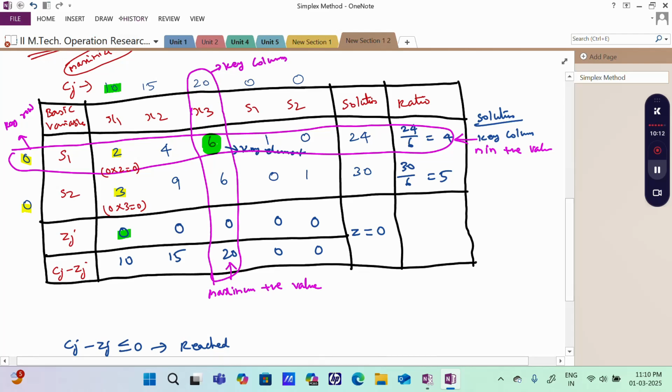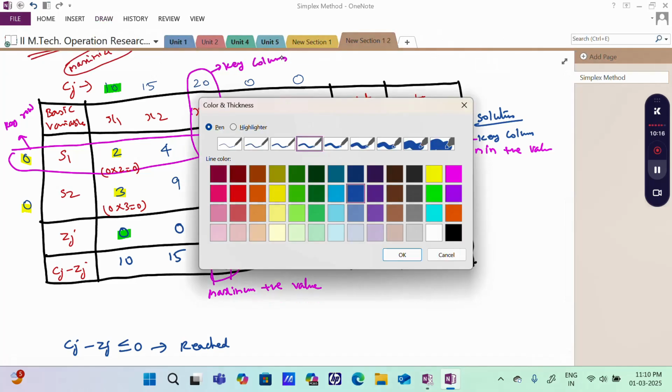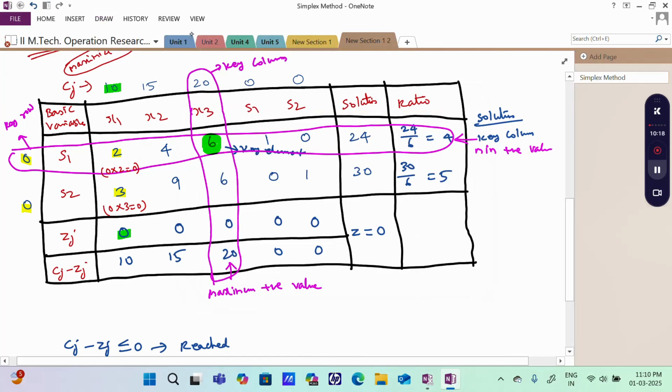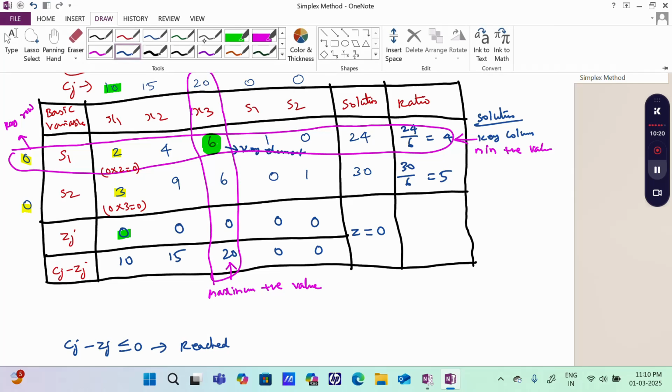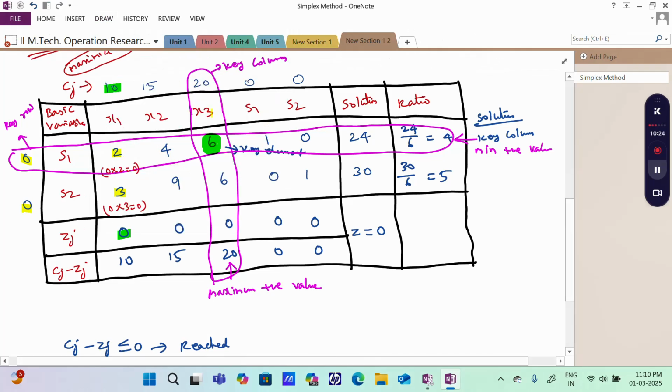So for our next table, what is the procedure? This x3 key column, this x3 is nothing but the entering variable. x3 is the entering variable, s1 leaving. Where is the leaving? This is the leaving. This place is x3 entering. x3 entering, s1 leaving.